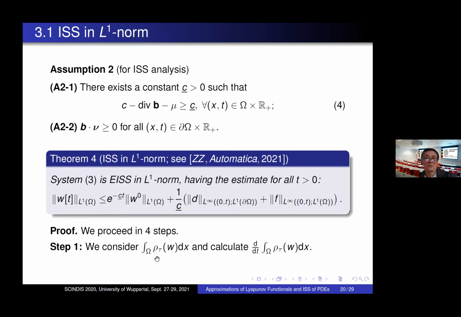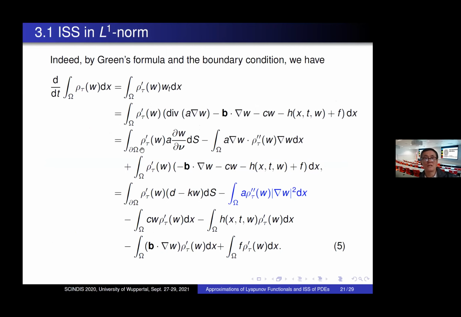Okay, so we take this integral of rho tau as a candidate, and we compute its time derivative. The computation is quite straightforward because we know that the function rho tau is differentiable, so we can directly compute this one, and then we can get all these terms.